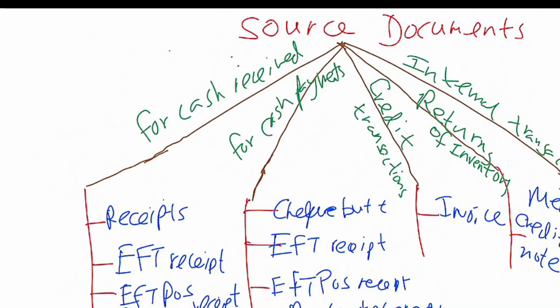Now why do we use the same thing for both cash receipts and payments? EFT receipt, EFT-POS receipt and bank statement are used again in the cash payments as well. Why? Because let's say we paid a supplier, then the bank will generate an EFT receipt for us as well, so we can use it for payments too.